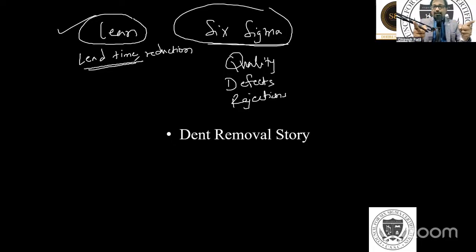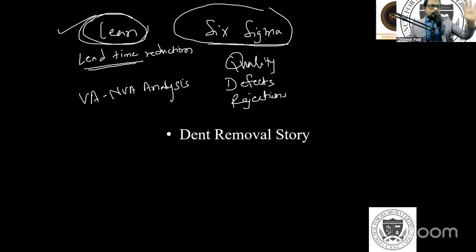So earlier, let's say you were taking 1 hour to complete, now you will complete that task in 40 minutes or 30 minutes because unwanted waste is eliminated, and that is the purpose of this VA-NVA analysis. Are you with me? So it is basically coming from lean. Are you clear? Just give me a quick yes in the chat box. Yes, just give me a quick yes. Very nice, super.